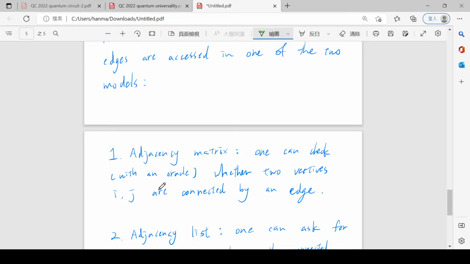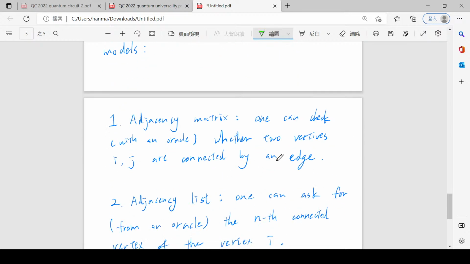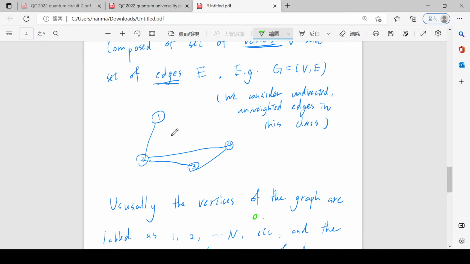So there's an oracle, you can input two vertex labels i and j, and you ask the oracle whether i and j are connected, and the oracle will tell you yes or no. And it's called the density matrix because you can put all the answers in a matrix. So rows and columns are labeled by 1, 2, 3 to n, and there is 0 or 1 that tells you whether two things are connected or not. Right? So for example here you can ask is 1 and 3 connected, and it's not. You can ask is 2 and 3 connected, and it's yes.